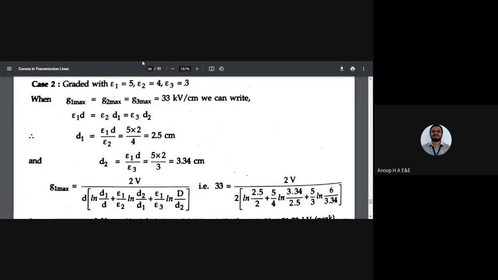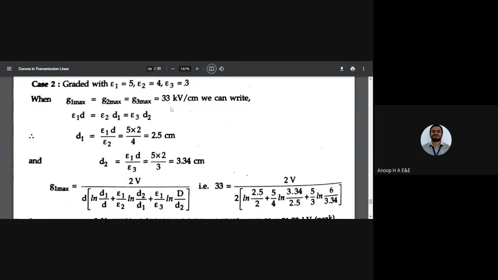Okay, so now I have got 3 dielectrics, because this problem is important. I want everyone's attention. I have three dielectrics, that is epsilon 1 greater than epsilon 2 greater than epsilon 3. So I'll have three potential gradients, G1 max equals G2 max equals G3 max.